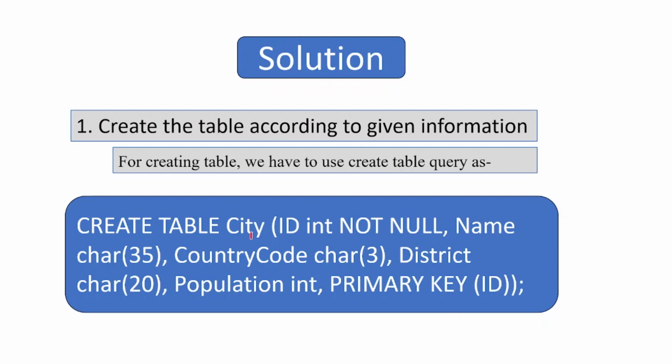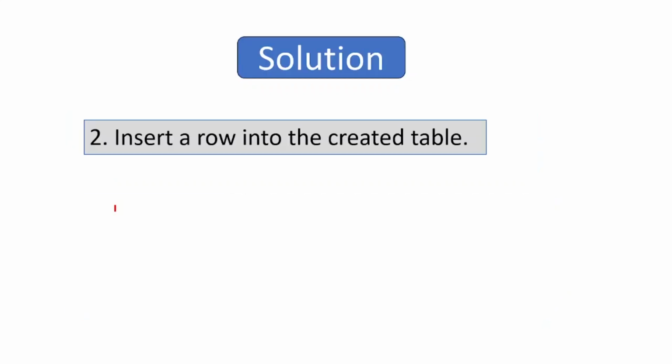Here we are not specifying in which database we are creating the city table. That is what is required when we are creating a table in SQL Workbench. Okay, so I hope this is the create table query and you all have understood how to do it.